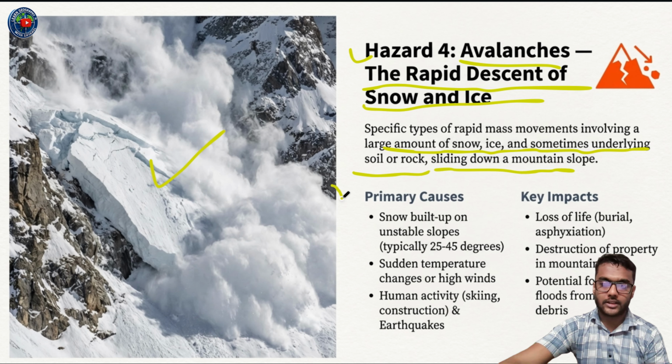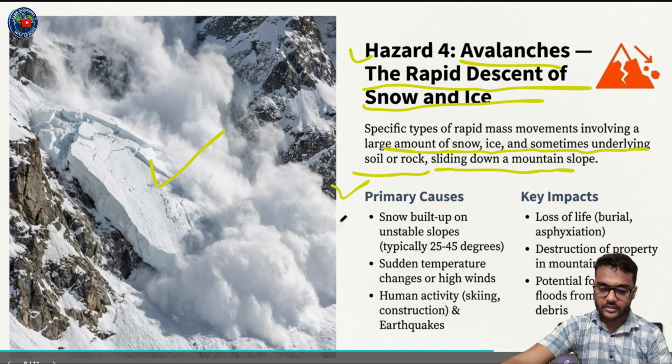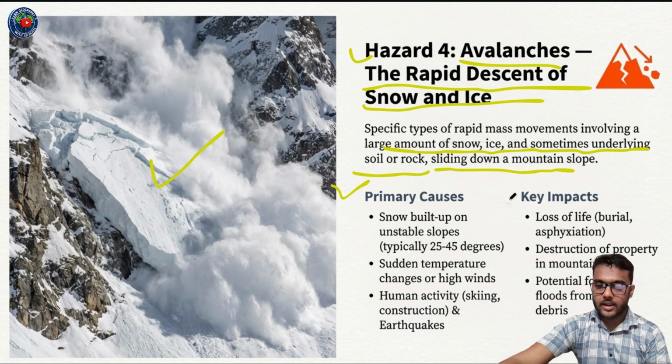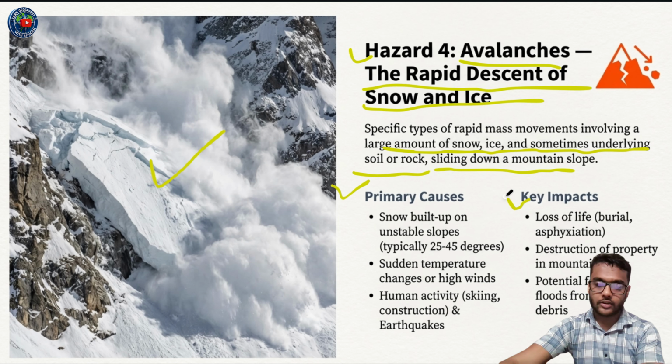Primary causes are snow built up on unstable slopes, typically 25 to 45 degrees, sudden temperature changes or high winds, human activities like skiing and construction, and earthquakes. Key impacts are loss of life through burial and asphyxiation, destruction of property in mountain areas, and potential for flash floods from heavy debris. These are the key impacts and primary causes of avalanches. This is the image of avalanches.